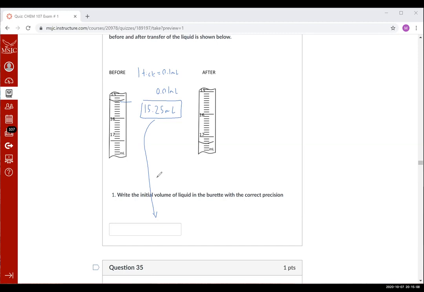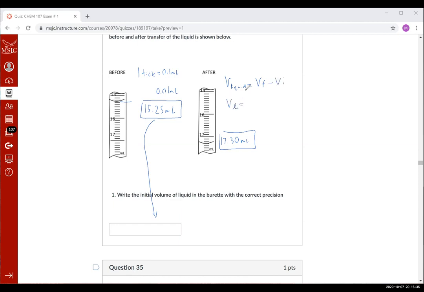So for our final volume, we can report our certain digits, which are 17.3, and then we can estimate an additional digit. Now that we have our initial and final volume, we can calculate the volume of liquid dispensed by taking V final minus V initial.